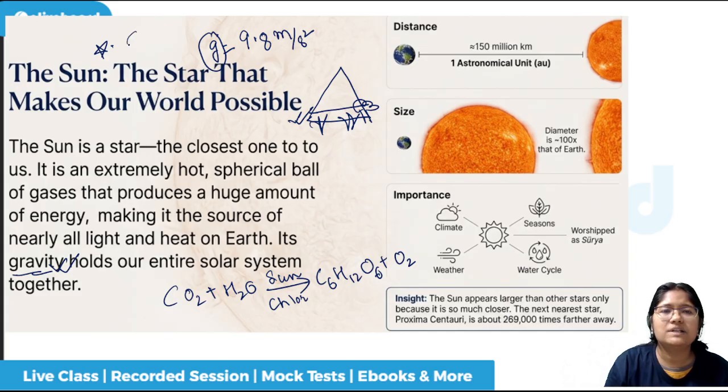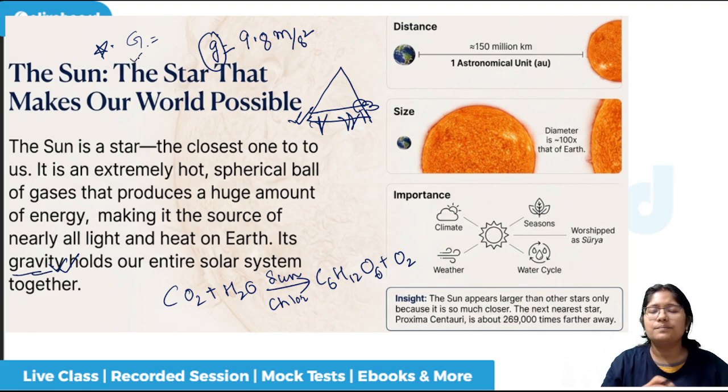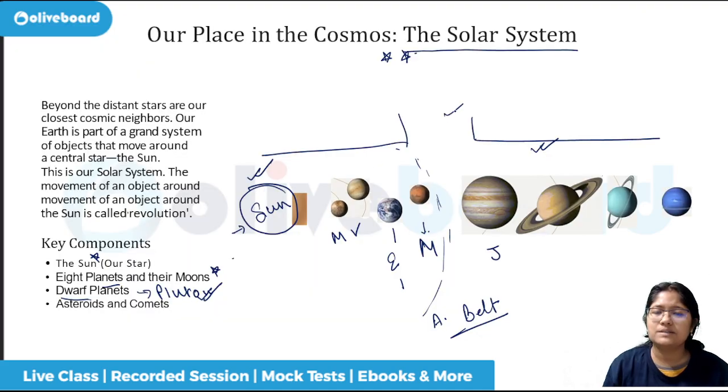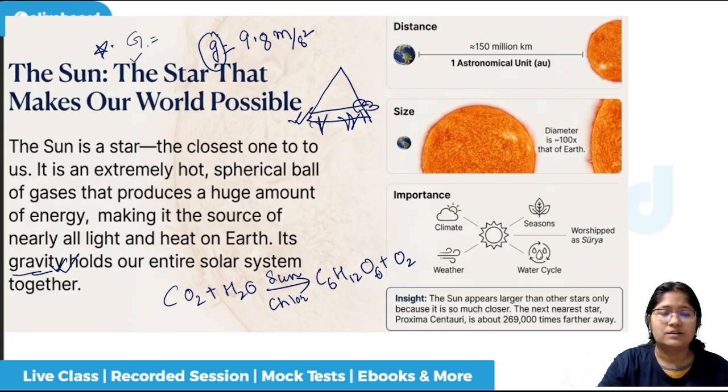We have a universal gravitational constant, capital G, as well, which is 6.7 times 10 raised to minus 11. But we have to understand that this entire system is possible because of gravity. Otherwise, everybody is pulling everybody else towards them, right? But then this balance is what makes it possible.